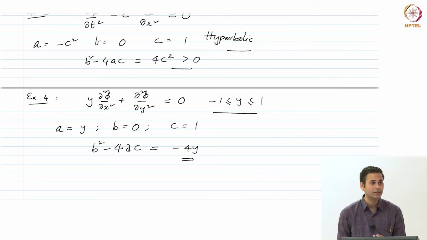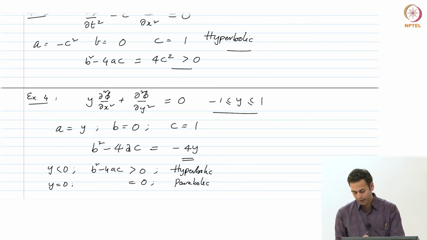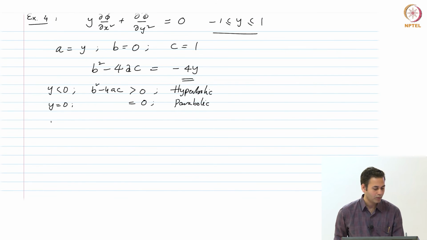So if y is less than 0, then B square minus 4AC is greater than 0, so this will be what? Hyperbolic. If y equals 0, of course B square minus 4AC would also be 0, this would be parabolic. And if y is greater than 0, the discriminant will be less than 0 and this will be elliptic, okay.